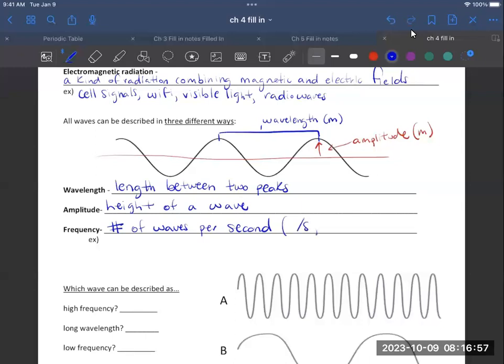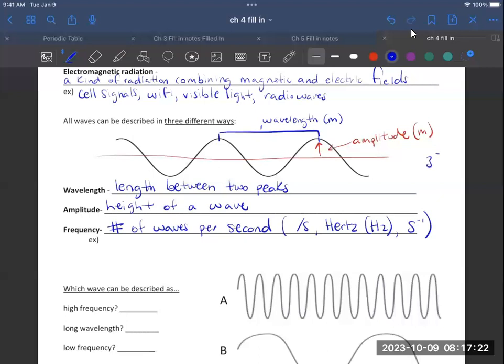Another unit that is used for frequency is hertz, which is abbreviated Hz. And then lastly, you guys might see s to the -1. s to the -1 literally is the per second thing. So if you ever see anything raised to the -1 power, it means it's underneath the fraction.